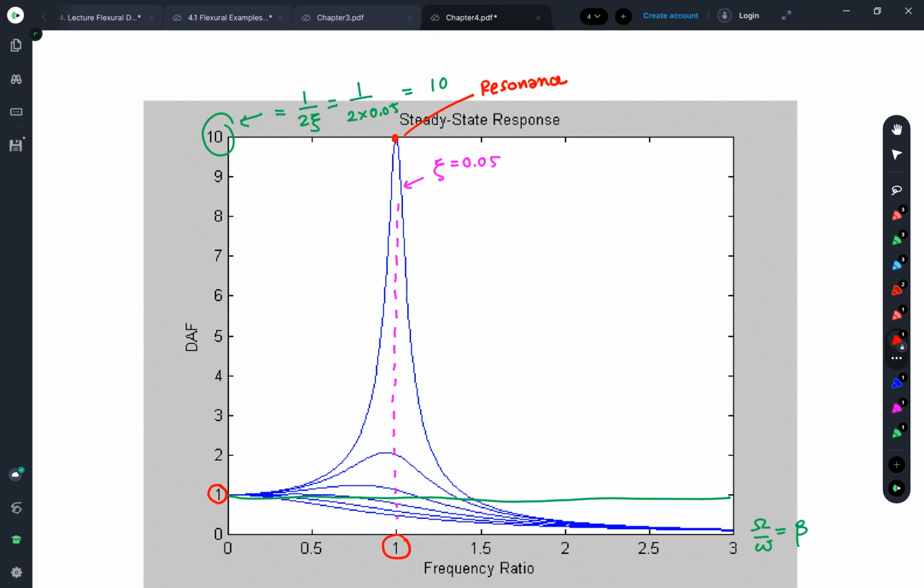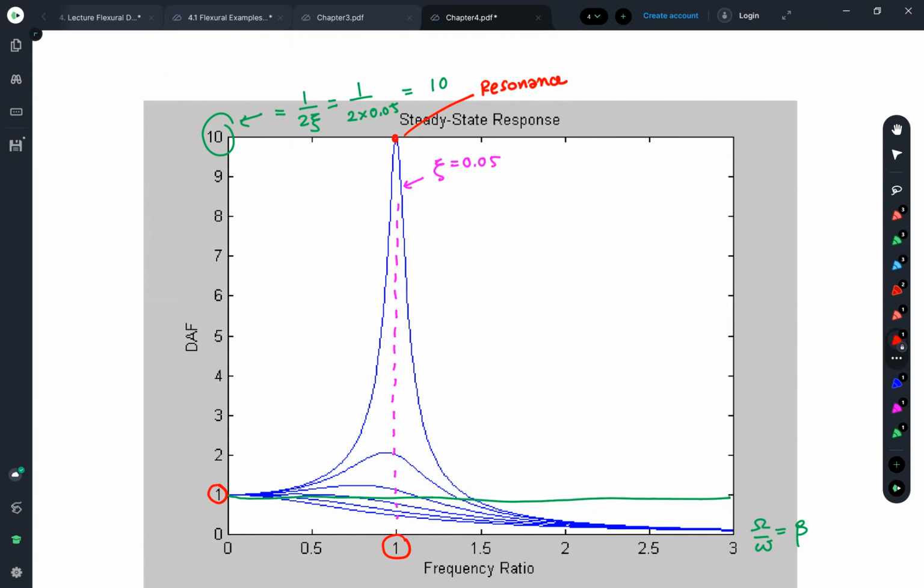This is a physics phenomenon called resonance: the phenomenon that the forcing frequency has the same value as the natural frequency of your building structure, or is close to it.